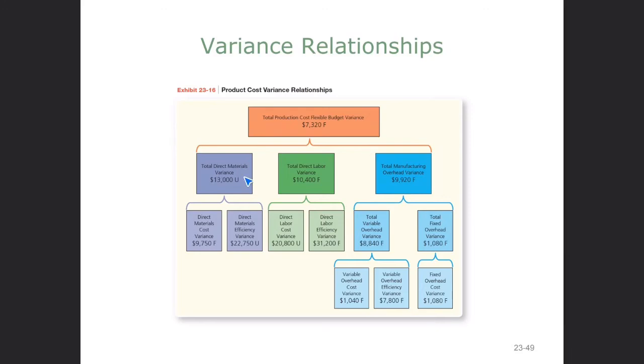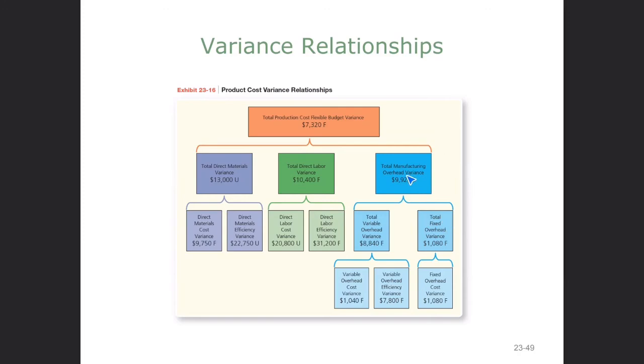We've got our total direct materials variance, our total direct labor variance, and our total manufacturing overhead variance. From our total direct materials variance, we can then determine our direct materials cost variance and our direct materials efficiency variance. Our cost and efficiency variances are for direct labor. For our manufacturing overhead variance, we have our overhead variance for variable overhead and our overhead variance for fixed overhead.